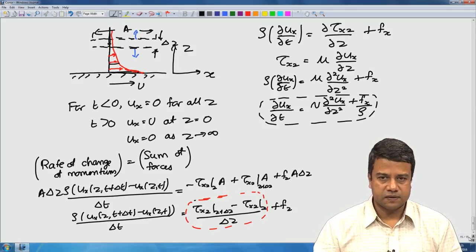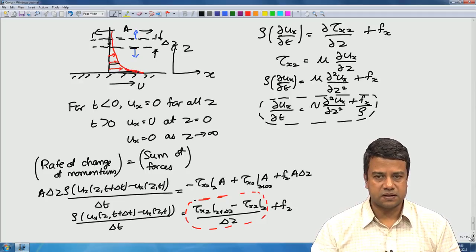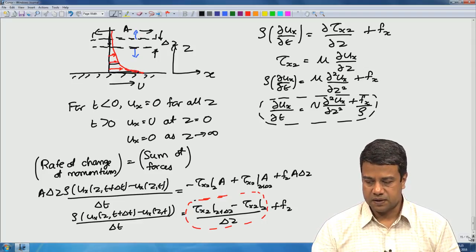Far from the surface, the momentum diffusion has not yet happened. If you go to a large distance from the surface, since momentum diffusion has not yet taken place, the velocity still has to be equal to 0.